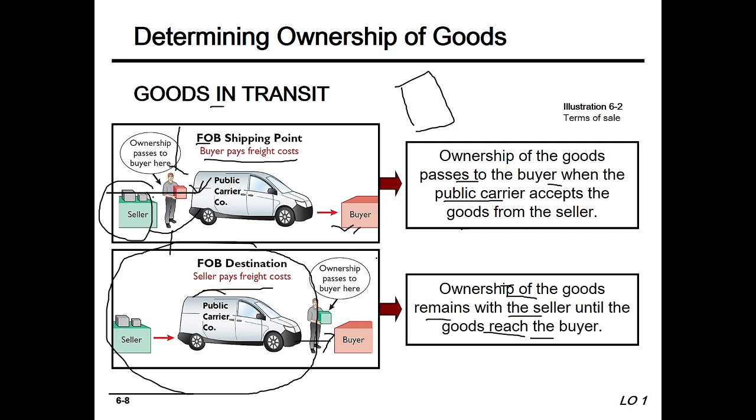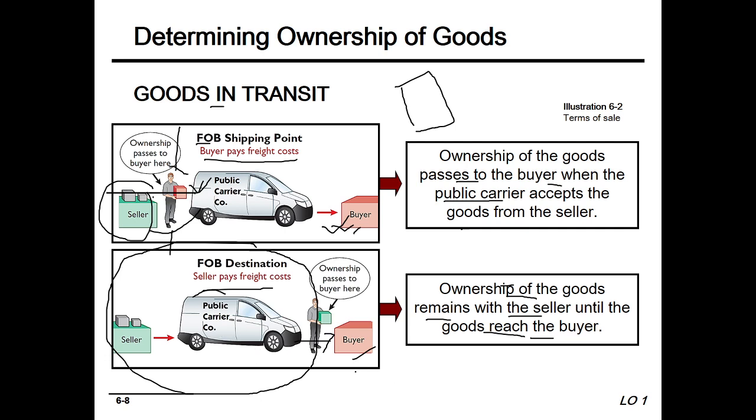The two very important points are FOB shipping point and FOB destination. Shipping point means that ownership of the goods passes to the buyer when the public carrier accepts the goods from the seller, and the buyer is responsible for these goods. And in FOB destination, the buyer is not responsible. Suppose in transport the goods are destroyed, or there is pilferage or an accident with the public carrier.